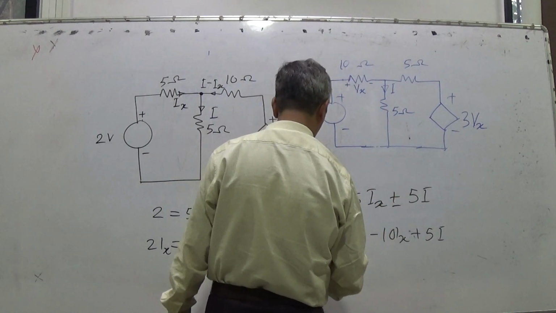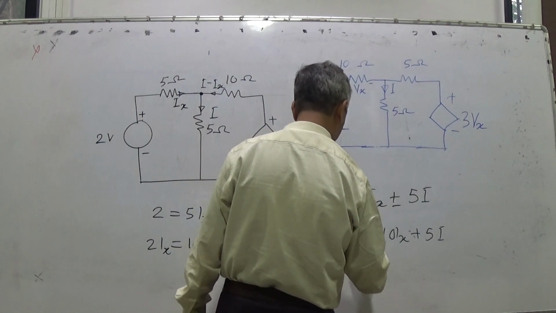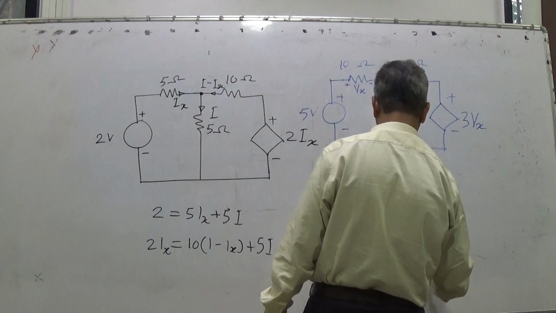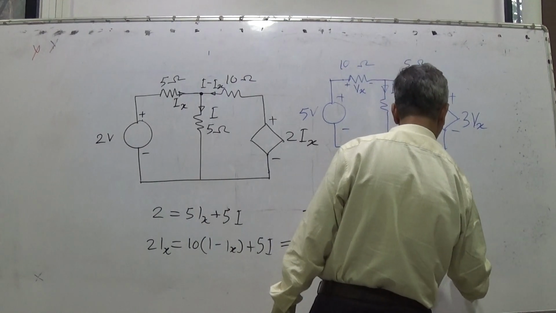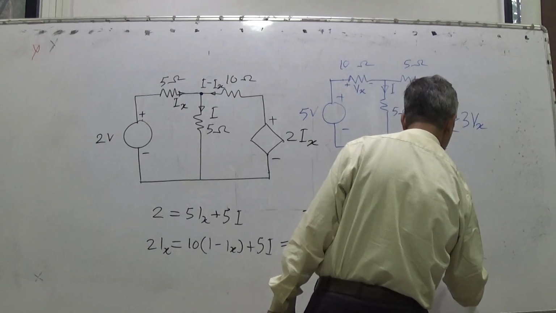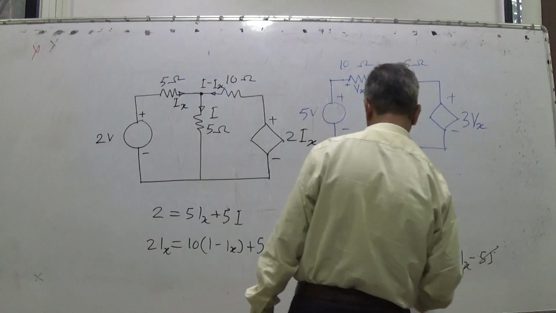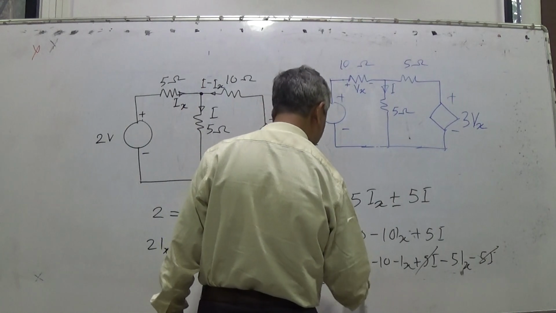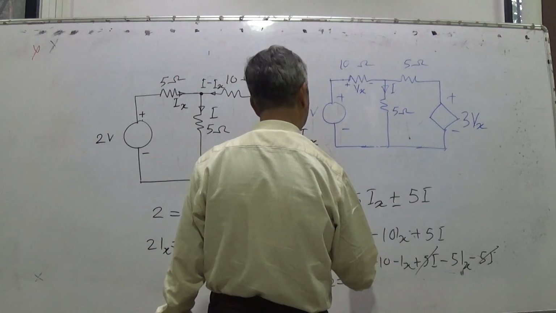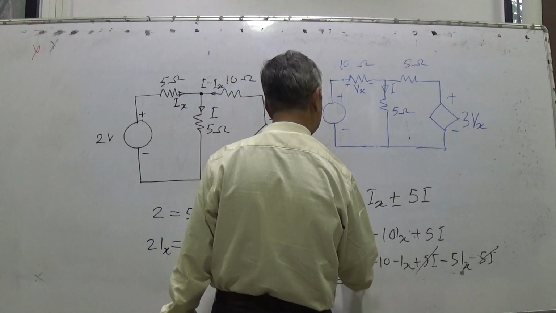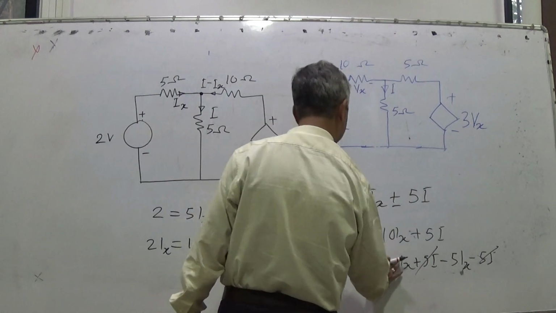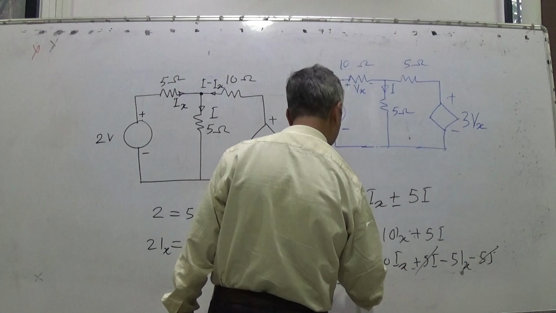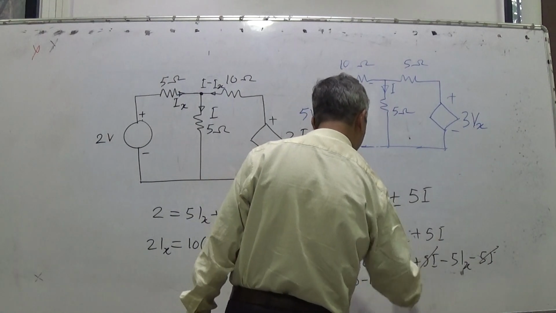So 2Ix minus 2 is equal to 10I minus 10Ix plus 5I minus 5Ix minus 5I. 5I gets cancelled, so 2Ix minus 2 is equal to 10I minus 15Ix.